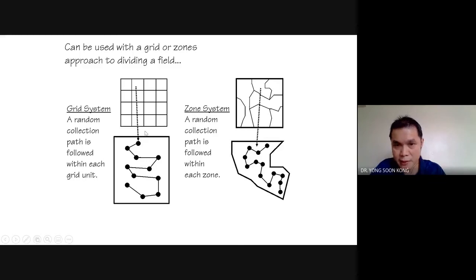Now, if you look at the picture beside here, also you have traverse line, but the difference is it no longer has the uniform boxes, uniform grids that you have, but it is separated according to some predetermined area. So under what factors might this apply? Of course, the previous one is applicable to a very flat and uniform field.